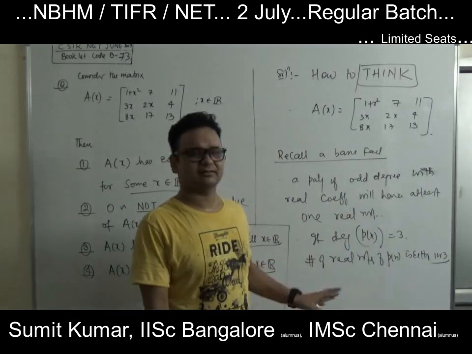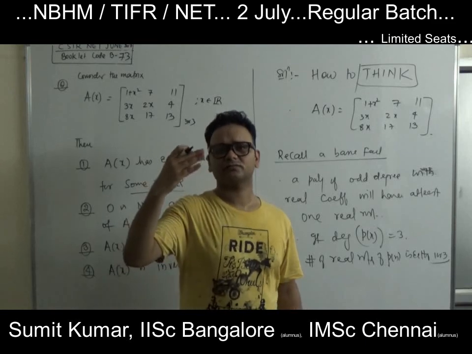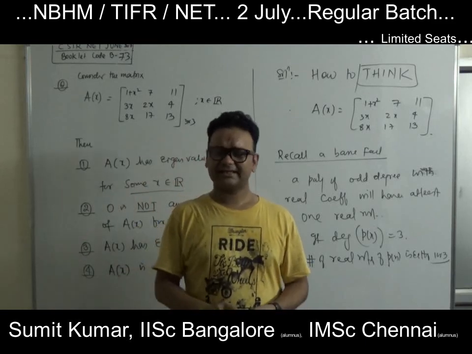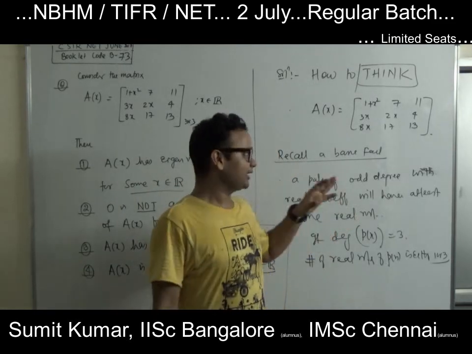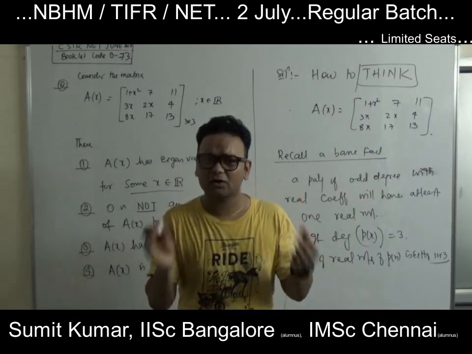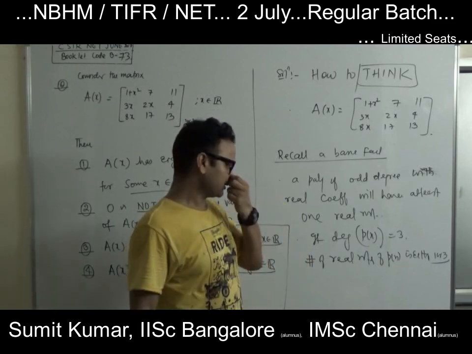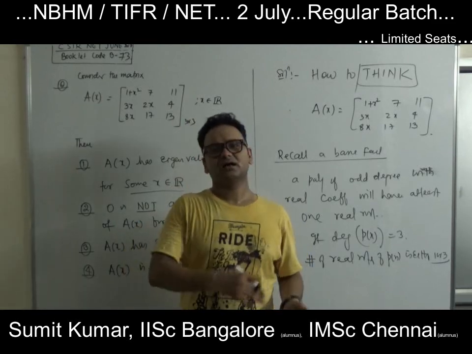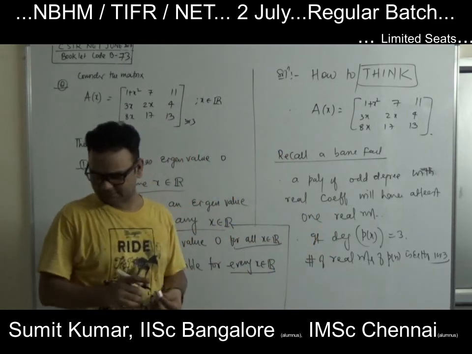So these are the real polynomials of odd degree. If you have a real polynomial of degree, let's say n, then it can have at most n real roots. That's clear by the fundamental theorem of algebra. And if that degree is odd, then you can always say that there exists at least one real root. So at least one real root is guaranteed, at most the degree. Okay, so this is the basic fact here.